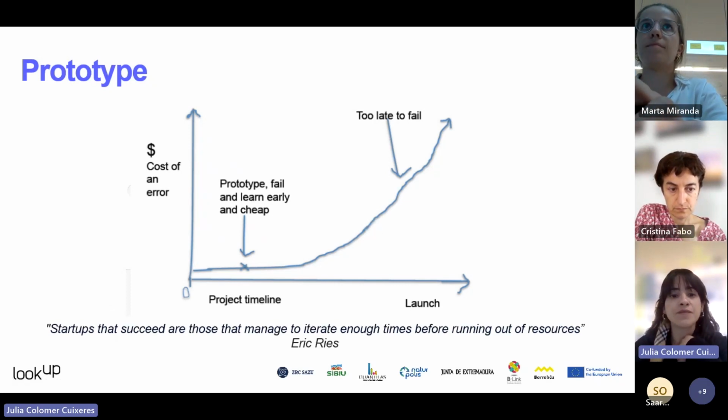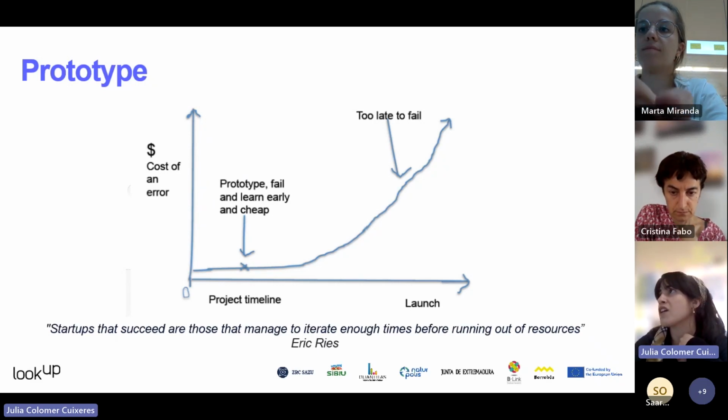So Eric Ries, who is an American entrepreneur, blogger, and the author of The Lean Startup, a quite famous methodology, says that startups that succeed are those that manage to iterate enough times before running out of resources. It means everything that I said before: just trying and trying until you get the best.